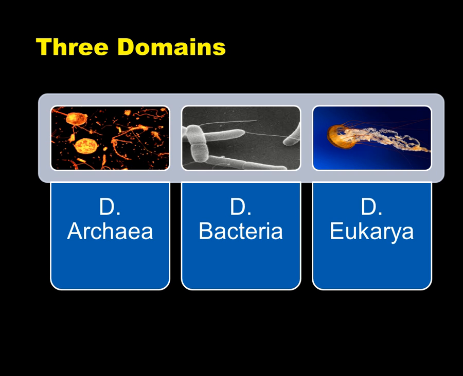We also identified that they may exist as multicellular organisms. Those are some of the general highlights of those types of organisms. Any questions about those major differences before we move on?